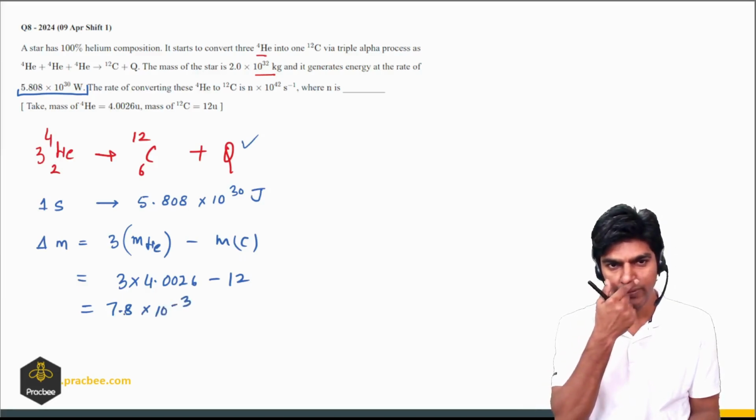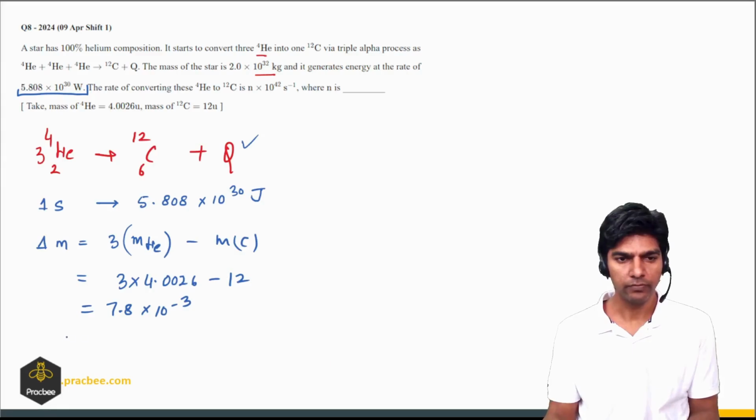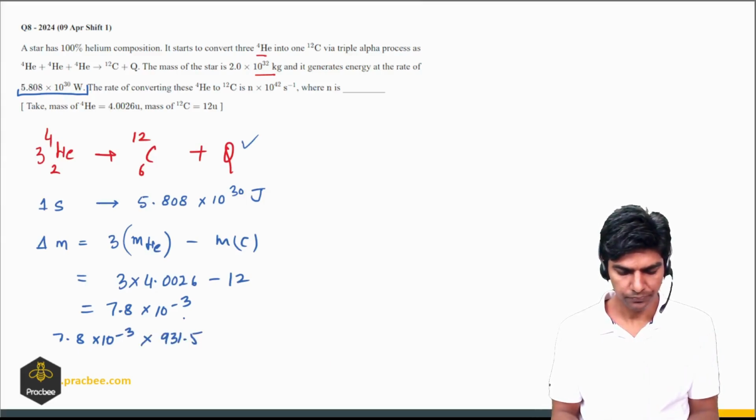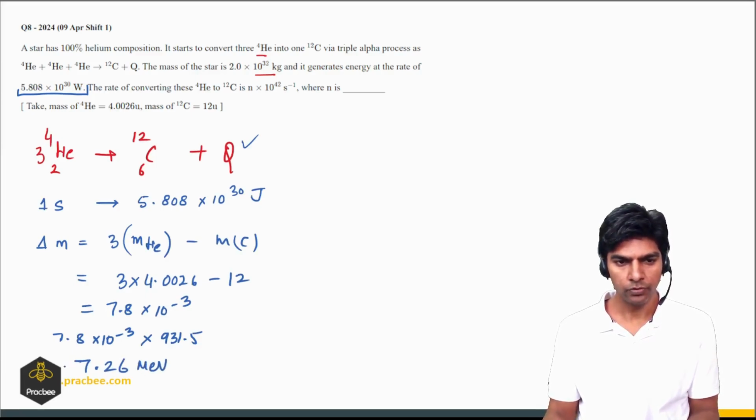Now let us multiply this with 931.5. So 7.8 times 10 raised to power minus 3 times 931.5 will give us 7.26 mega electron volt of energy.